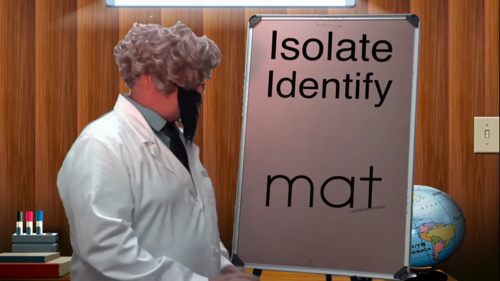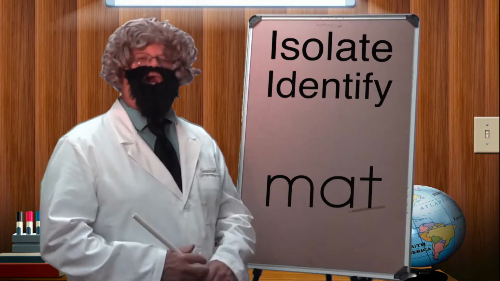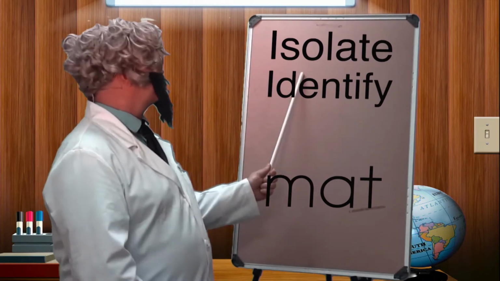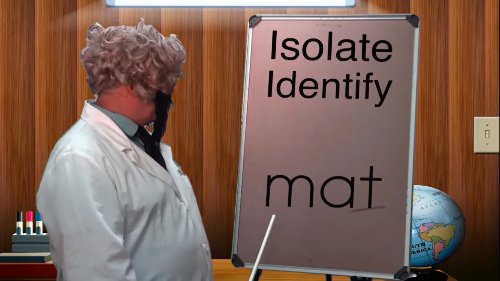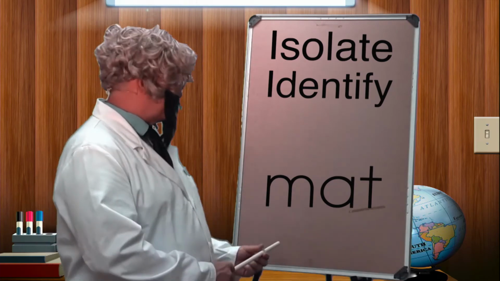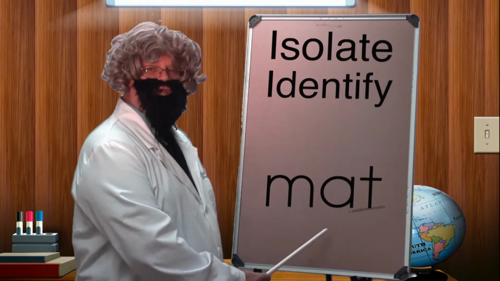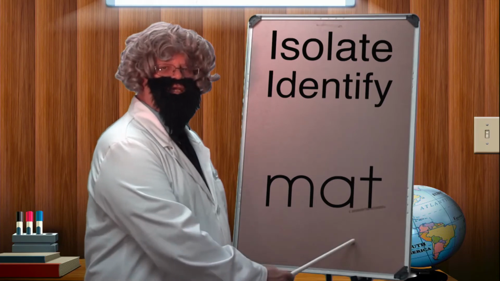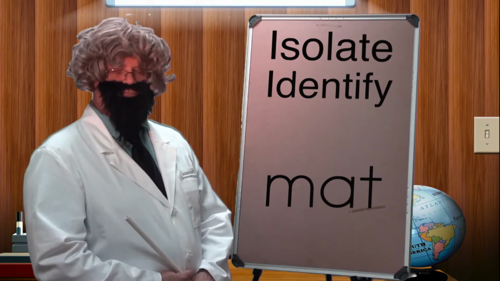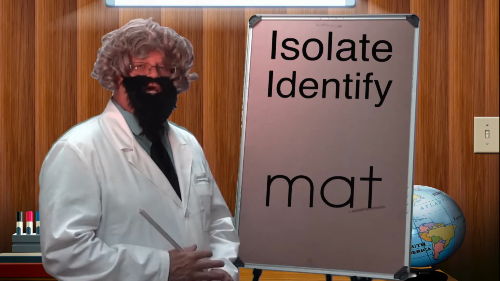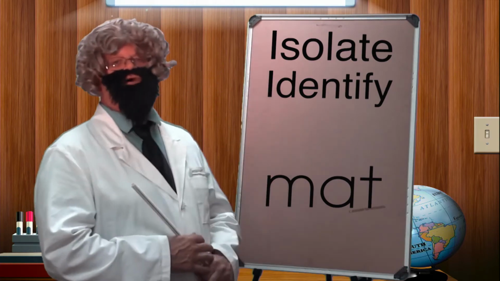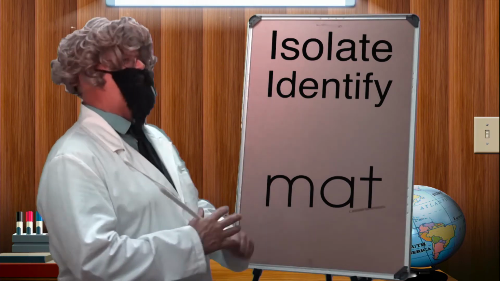When I'm going to read this word, I need to first isolate. So when I look at this word, I see that there's a beginning sound, a middle sound, and an ending sound. Now, once I have isolated those sounds, I need to identify.